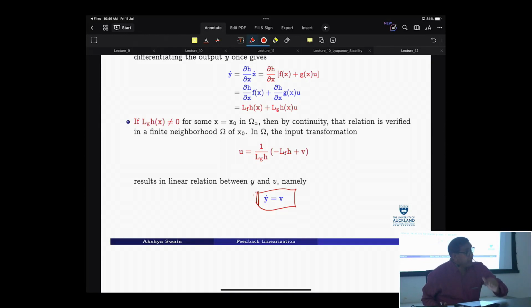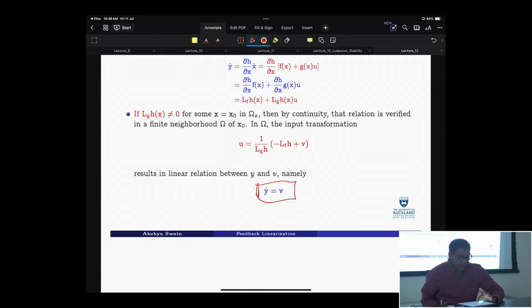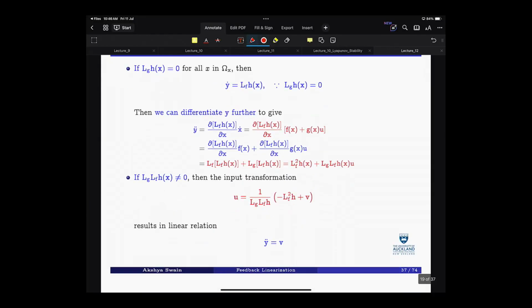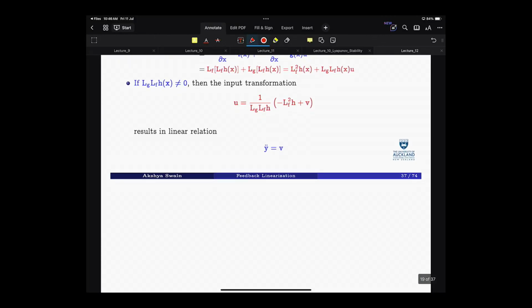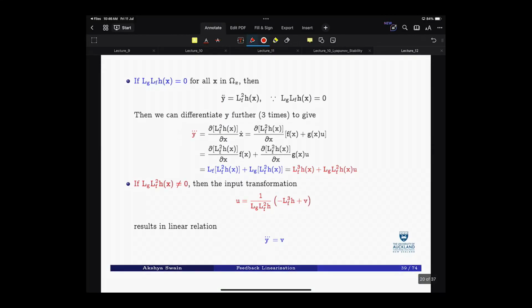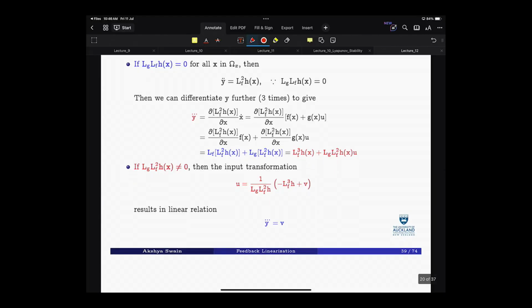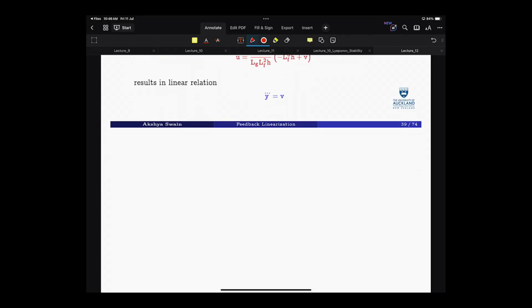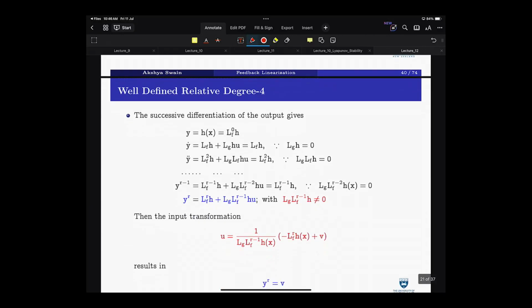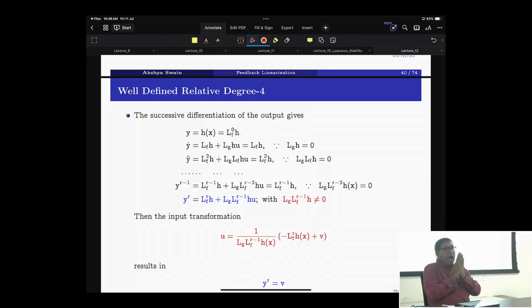And similarly, if it is 0, further differentiate. We'll see to that now. We'll give an example. I'm not entering mathematics now. How to find out a linear relationship between the output and a pseudo input. That is the objective now.